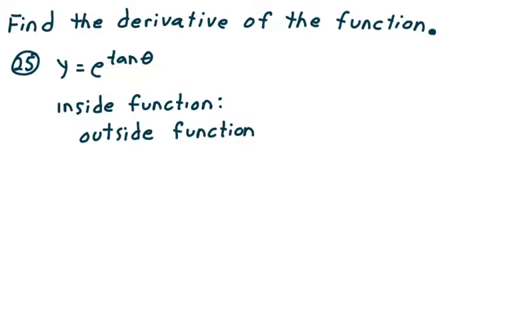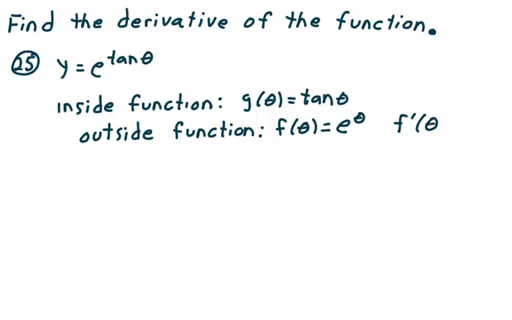Now, my inside function we'll say is g of theta is equal to tangent theta. My outside function is f of theta is equal to e to the theta. But remember, if f of theta is e to the theta, the derivative of the outside function, f prime of theta, is also e to the theta.